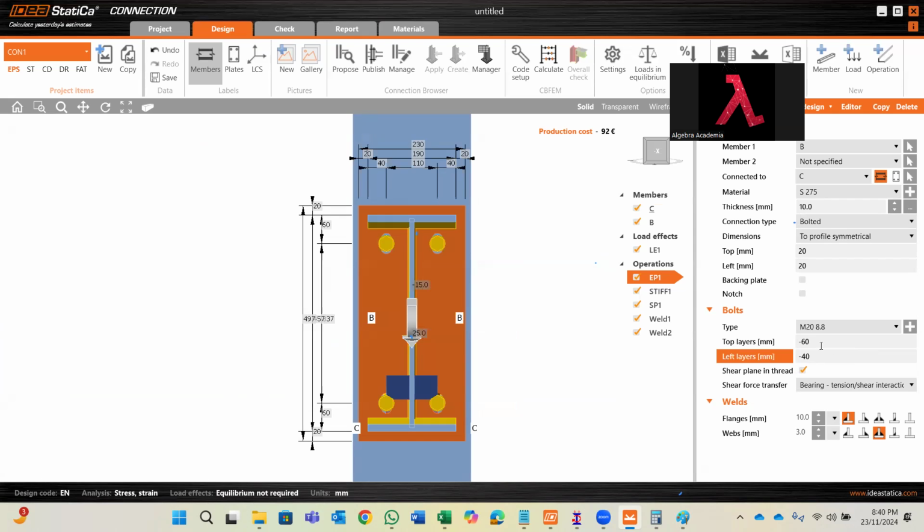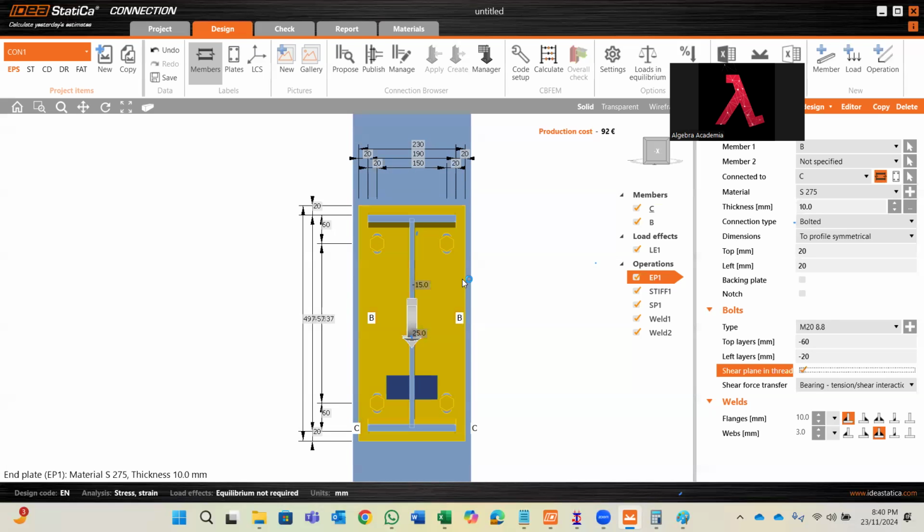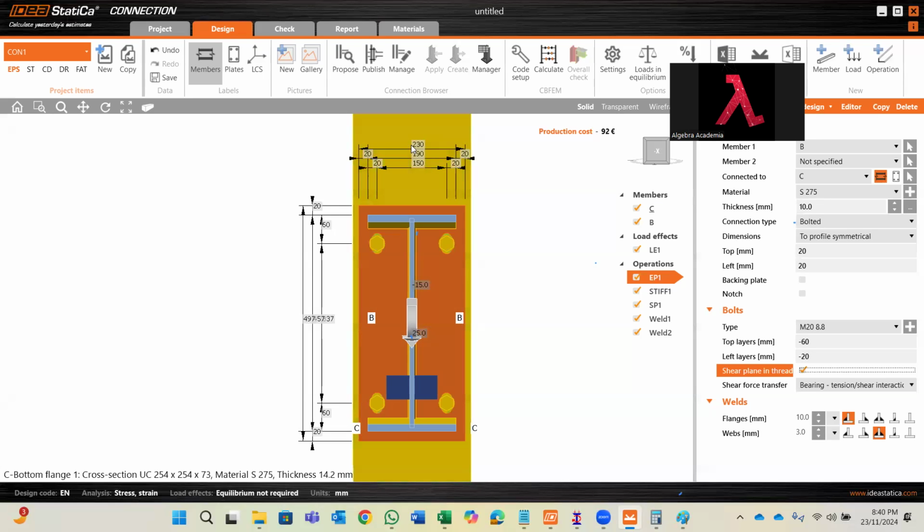Let me just adjust this. Okay, so keeping 230 millimeters and leaving 20 here. So let me say 30 millimeters, the edge distance. Yeah, 30 edge distance.